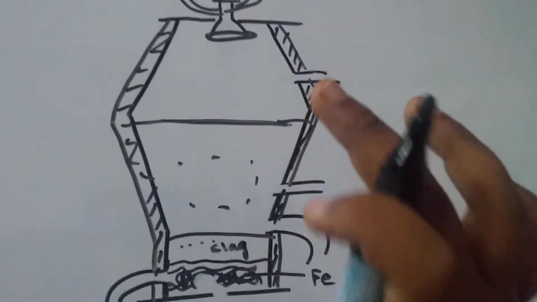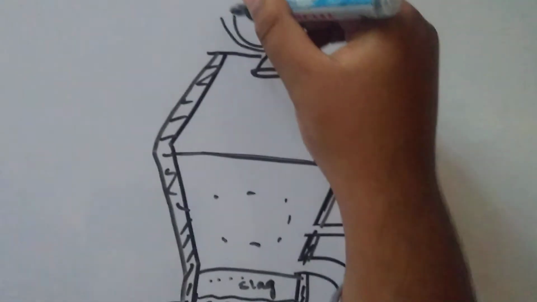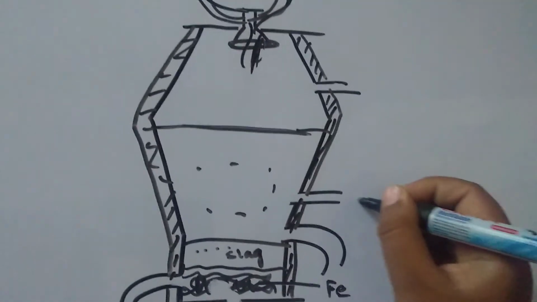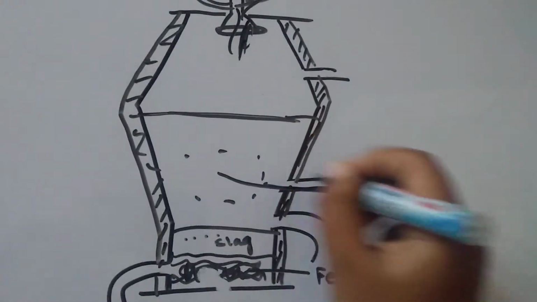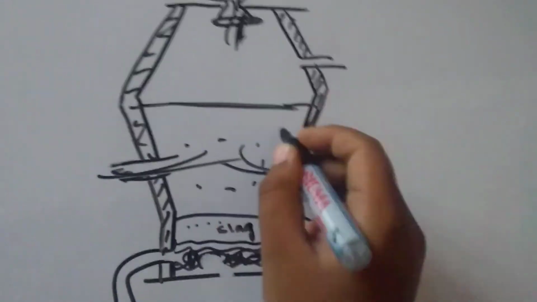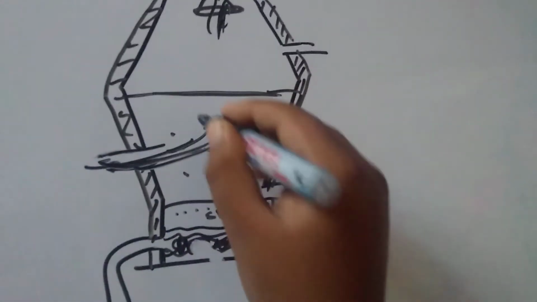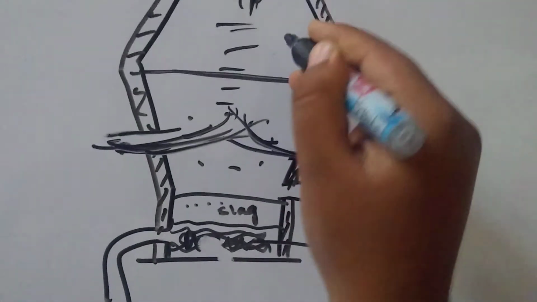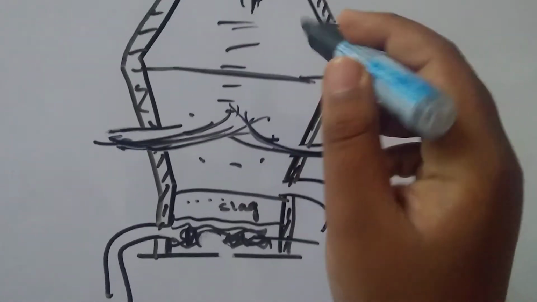This is a diagram of a blast furnace. This is the part where the charge is fed and the hot gas is blown. Hot gas is blown from here and the temperature reduces as it goes upward. Here limestone decomposes into quicklime and carbon dioxide.